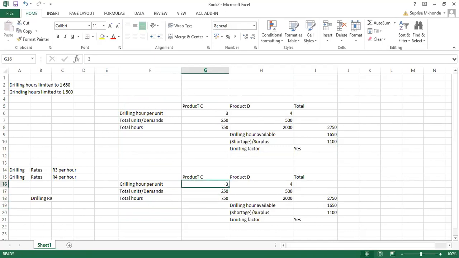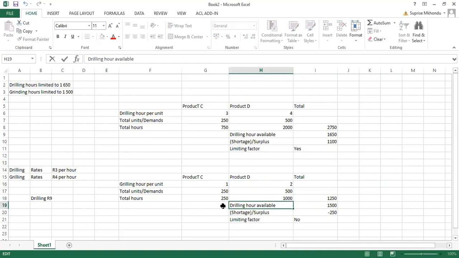Hours per unit: 1 and 2, I guess. And what we're going to get there, available is 1,500. So no, you don't have a limiting factor here. You see, our grilling hours are too much; we'll be able to cover.